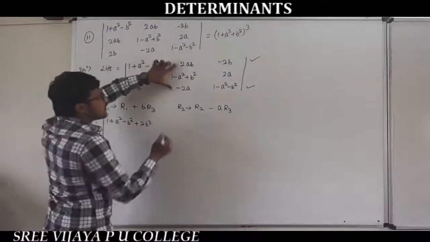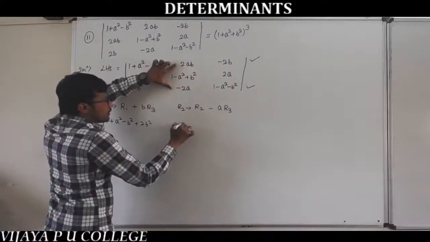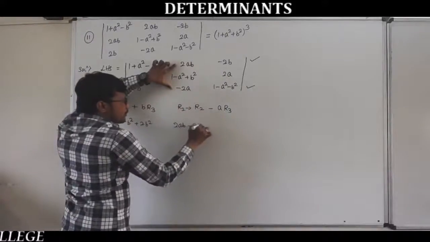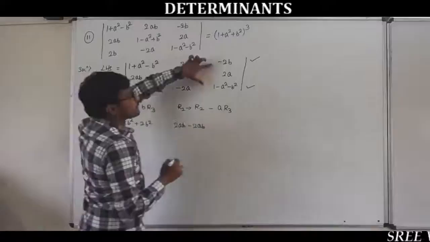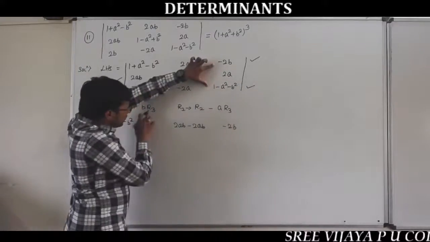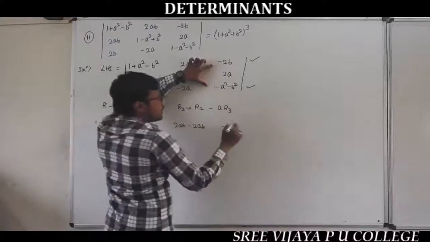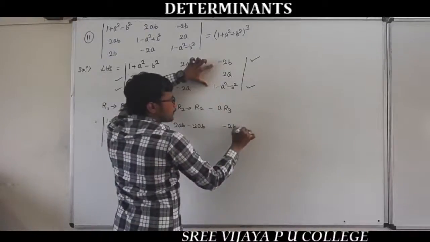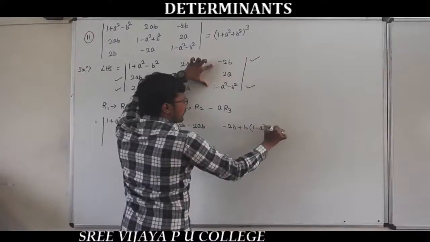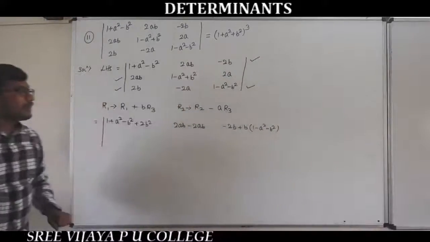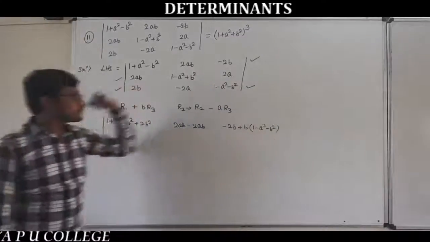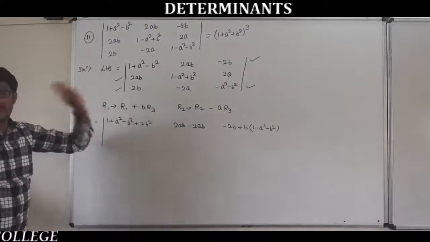Next this one and this one. So 2ab. For this we multiply with b later. B into minus 2a, minus 2ab. For this and this, it is minus 2b. For this one multiply with b later. B into 1 is plus b, na? Okay, plus b times of 1 minus a square minus b square. So plus b times of R3, b into this entire term. So R1 changes to R1 plus bR3 completed.